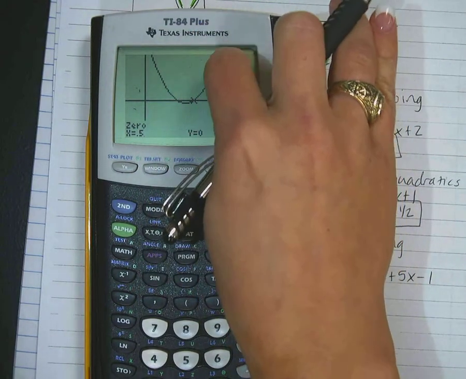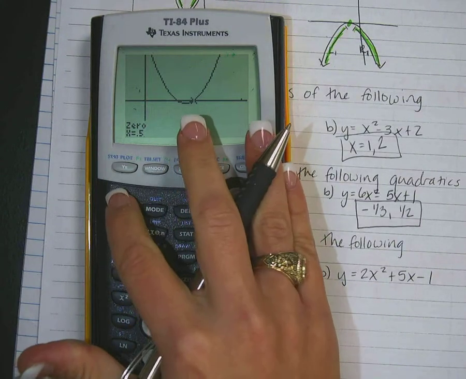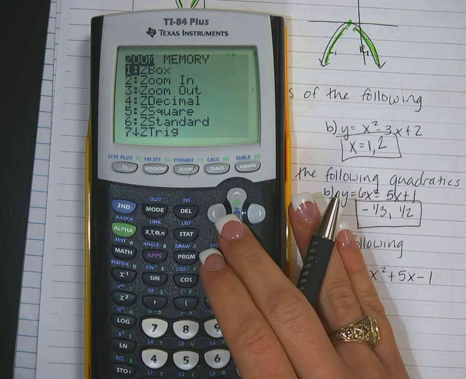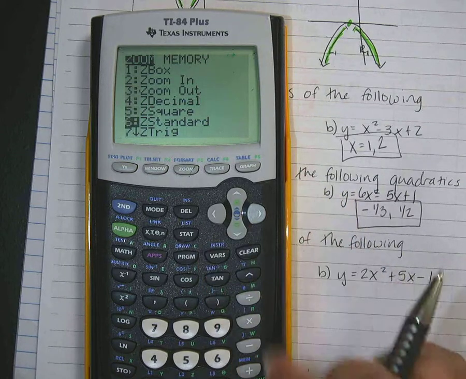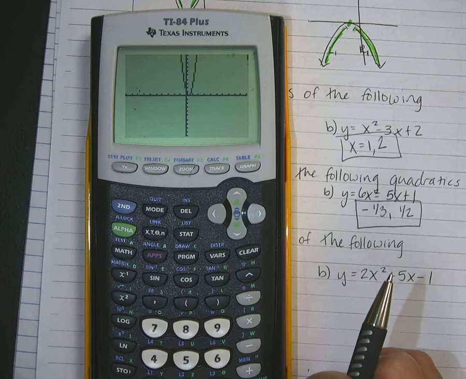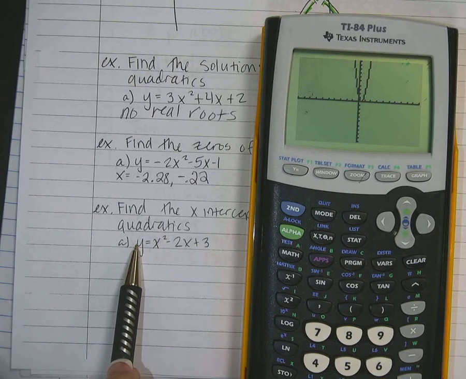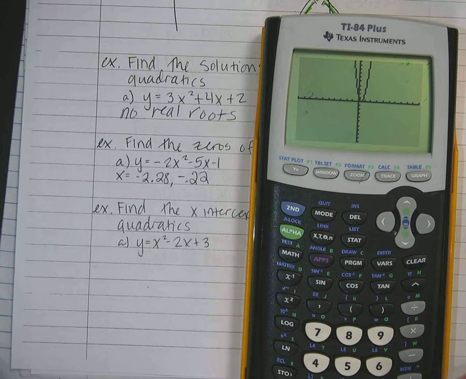Okay, so before we move on to the next one, let's get our graphing screen back to normal. So we'll press zoom and go down to 6 for standard. And now let's put this one in right here, y equals x squared minus 2x plus 3.